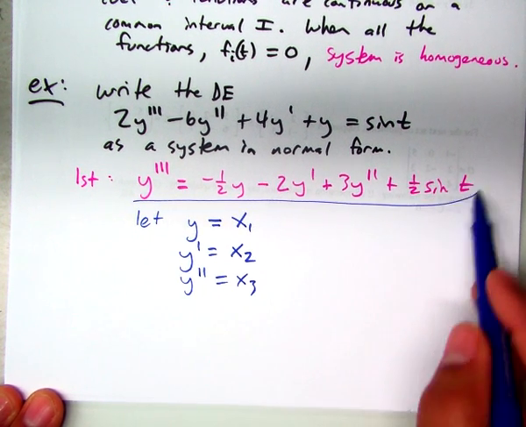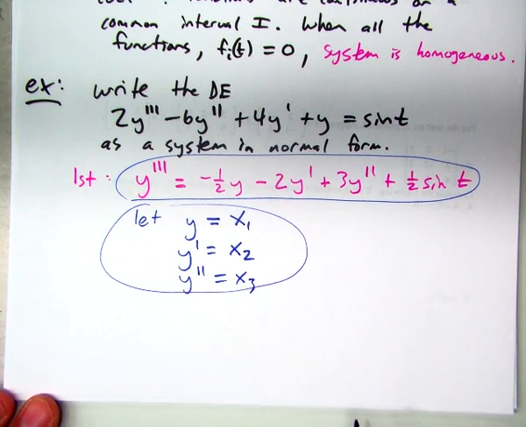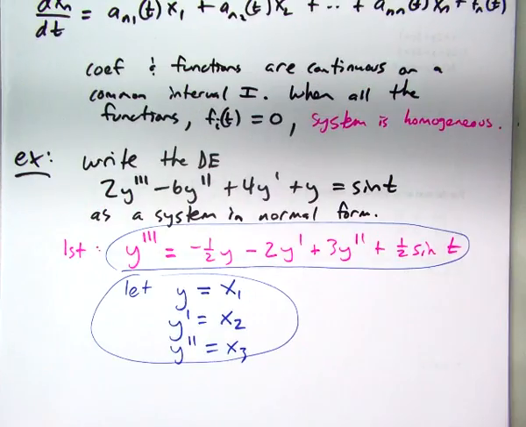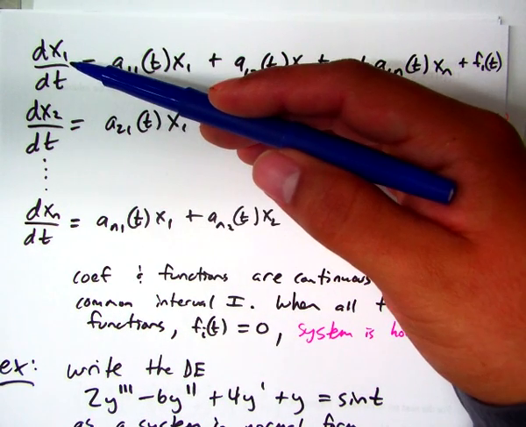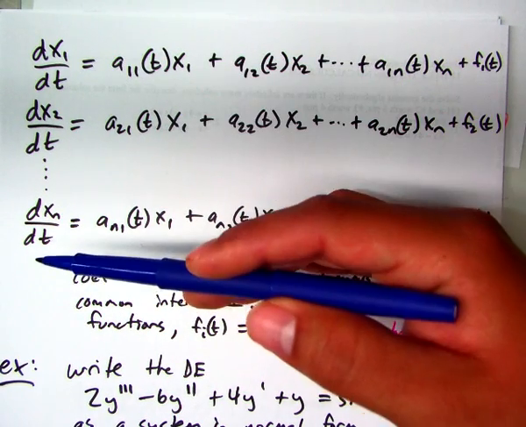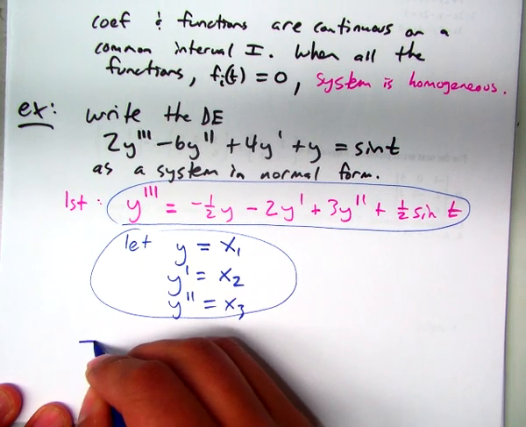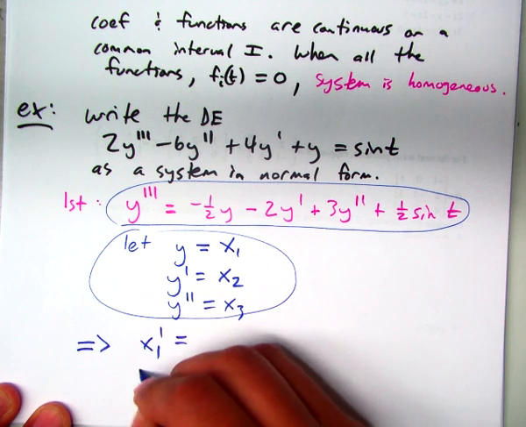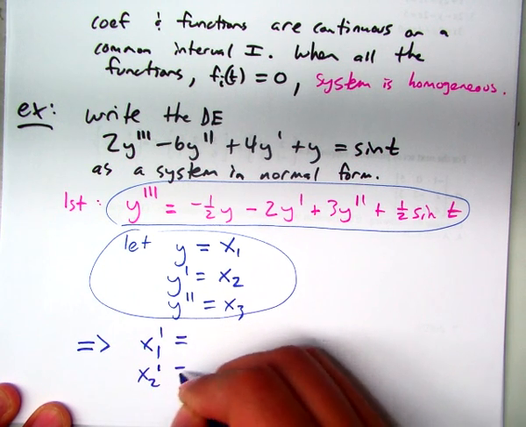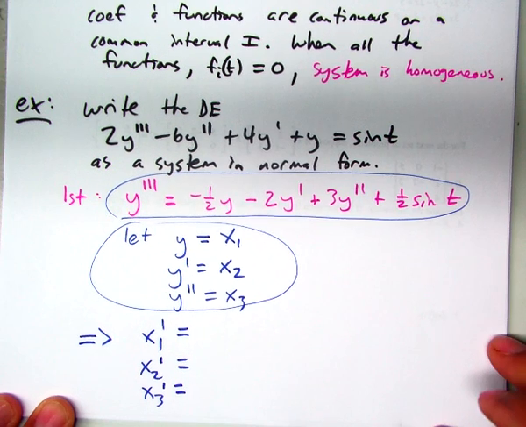Okay, so we're going to use this equation with these assumptions and go back to this format where we have first order derivative for each variable. So what we want to do is say what x1 prime is going to be, what x2 prime is going to be, and now what x3 prime is going to be.